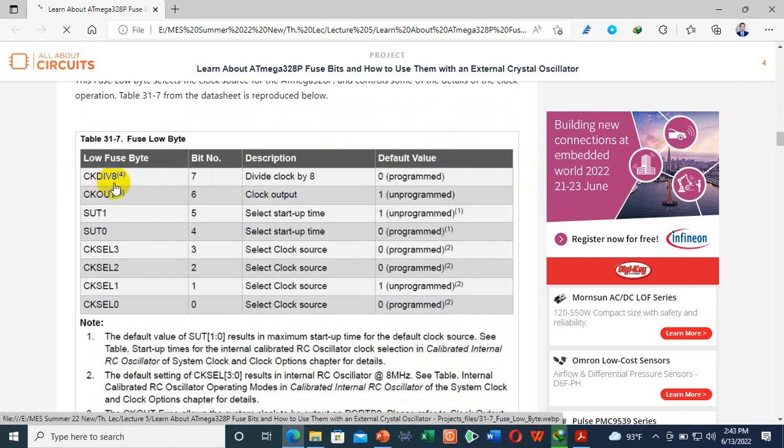Clock division 8, by default, is programmed. Initially it is set to 0, so that the 8 megahertz will be divided by 8.